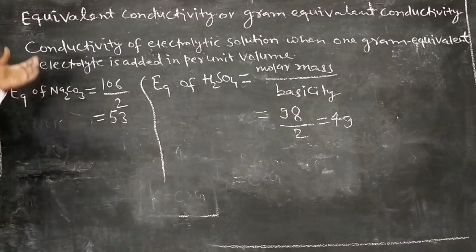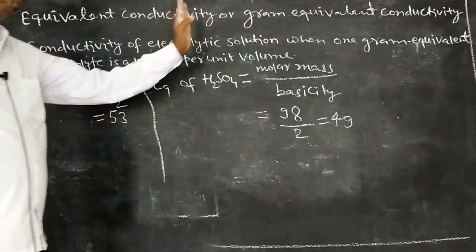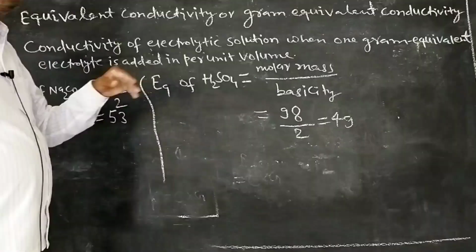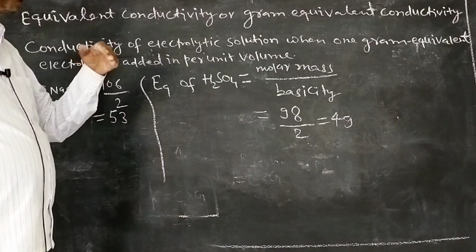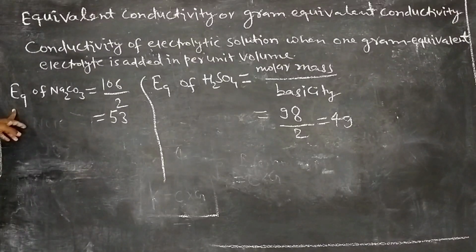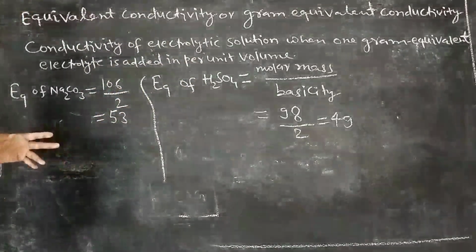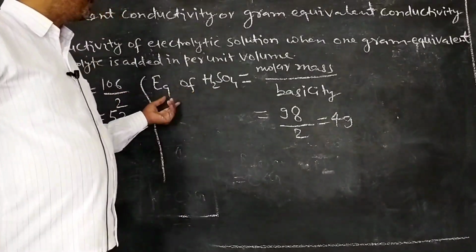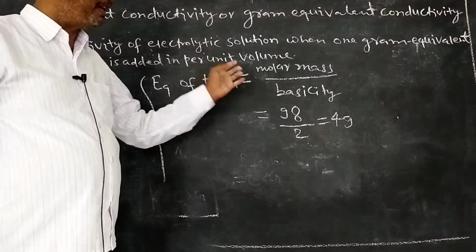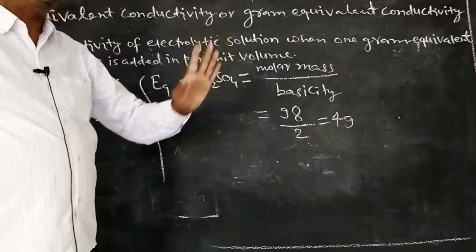So our definition states the conductivity of an electrolytic solution when 1 gram equivalent of electrolyte is added in per unit volume. Suppose we add 1 gram equivalent sulfuric acid, it means we have to add 49 gram sulfuric acid in per unit volume.